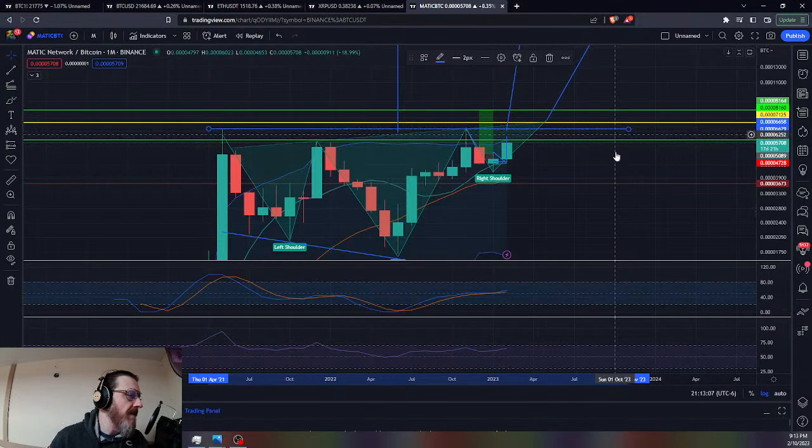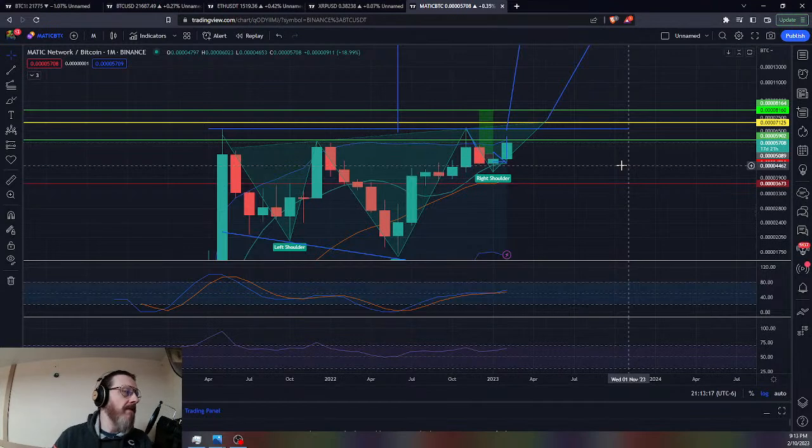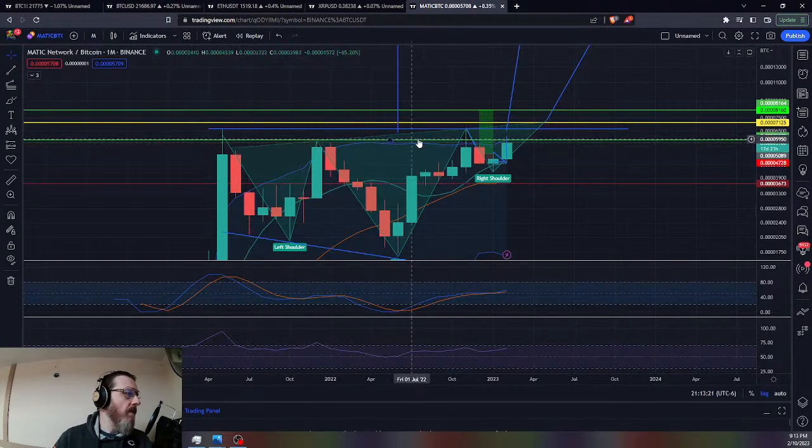Those are right around 66.29. It says 66.06 and 66.51. So 66.51 is the area that we're really looking to break out of, along with this neckline on this head and shoulders pattern, this huge inverse head and shoulders.